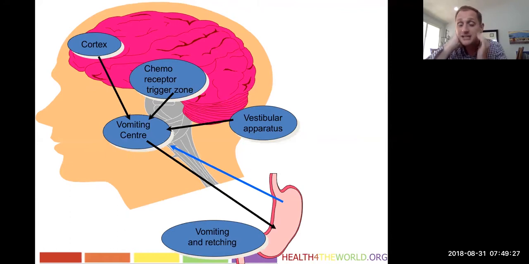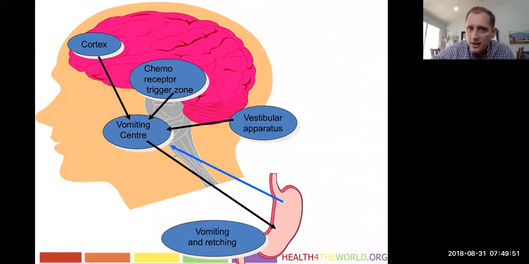And then the chemoreceptor trigger zone. This is where we think more of toxins or other chemicals in the blood that the brain picks up on and then causes the body to feel nauseous. And then finally, more central components in the cortex, which can be related to anxiety, fear, emotional responses. All of this together can then send communication to the vomiting center and actually result in the body vomiting.